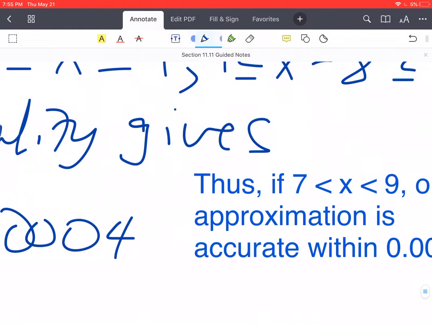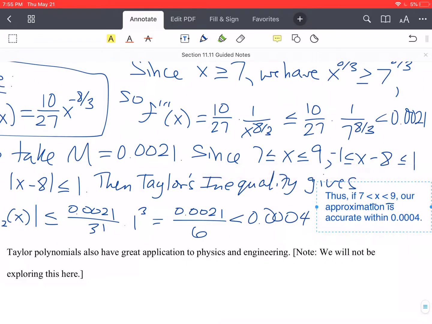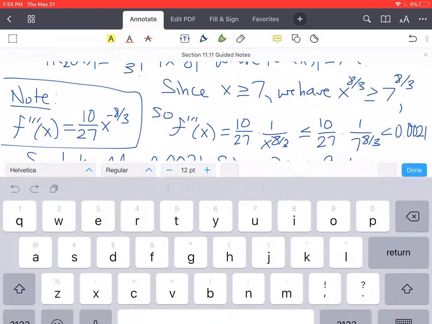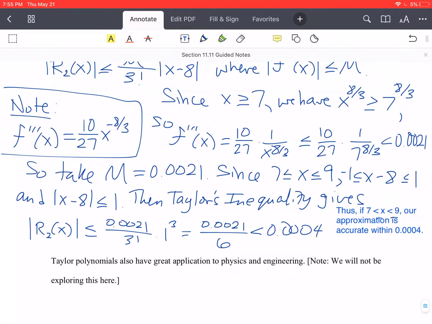And again, that's or equal to on both of those.